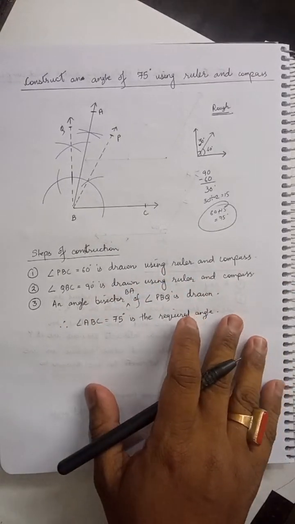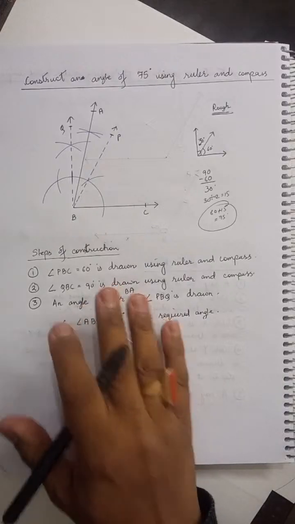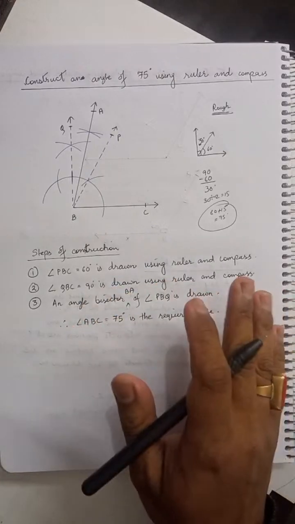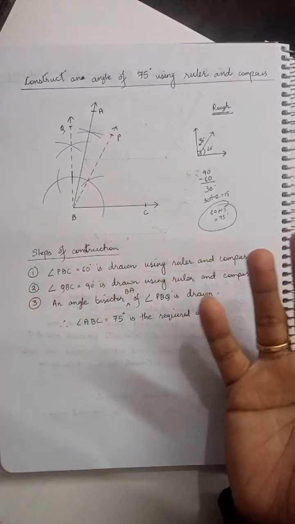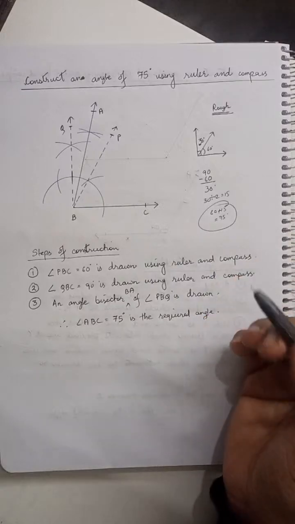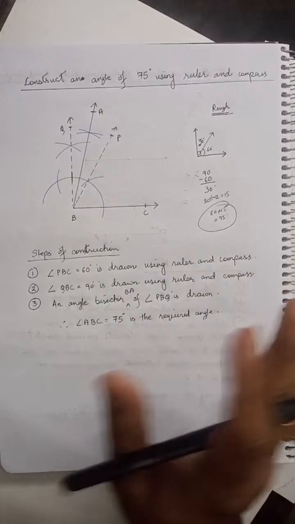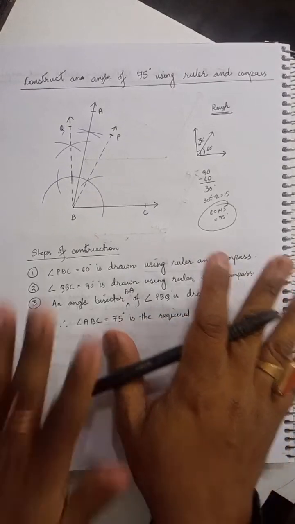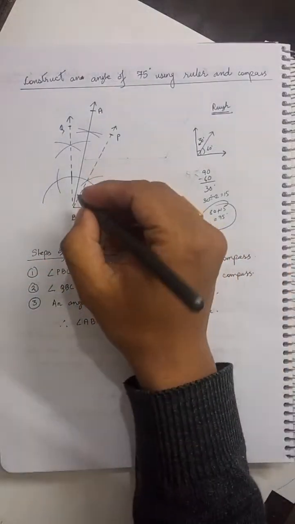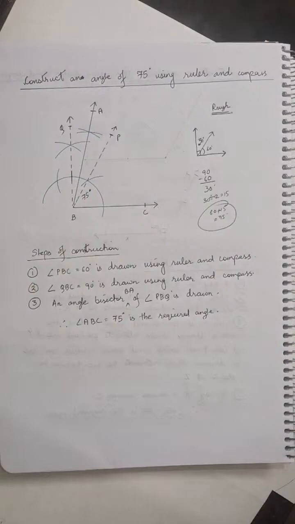I mean, the way I write something may be different from what, say, a person X or a person Y writes. So the subject matter should be the same, otherwise the language can vary. So this is our 75 degree. So let me write 75 degree.